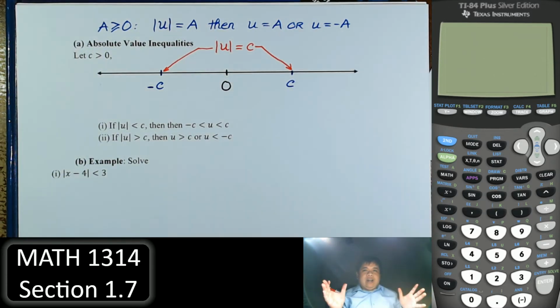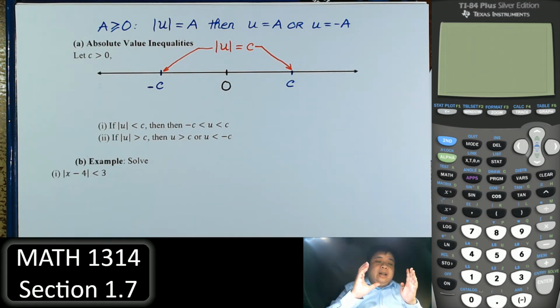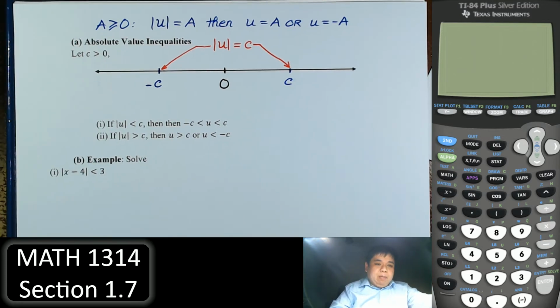Now we have greater than and less than. Think about it. Absolute value is distance. If the absolute value is greater than something, meaning the distance is greater than something. Once again, absolute value is distance. What is the distance actually measured from?